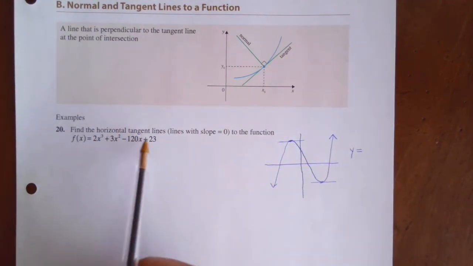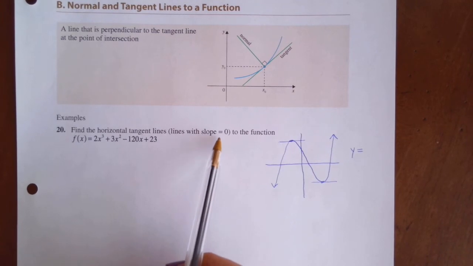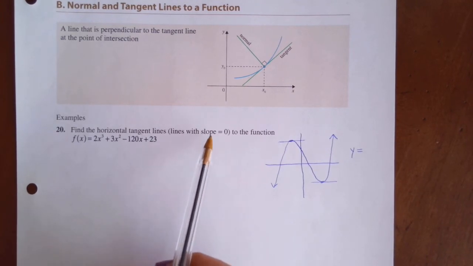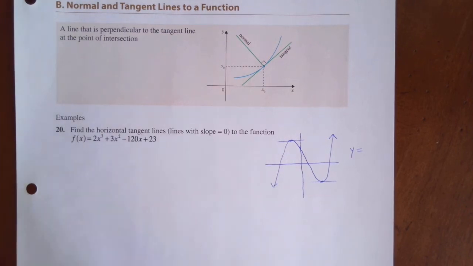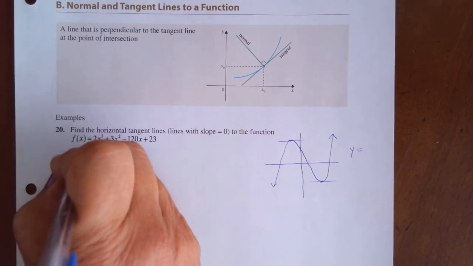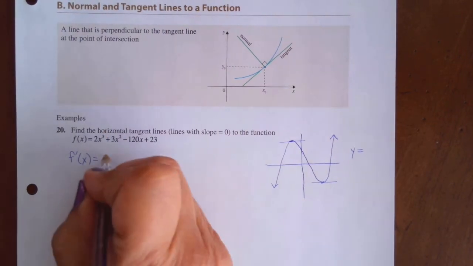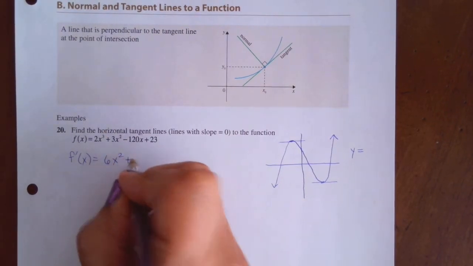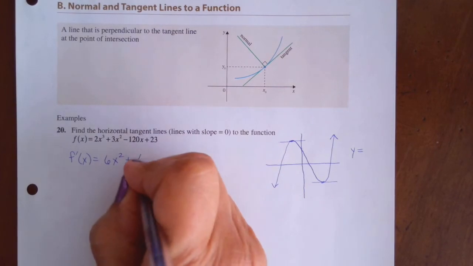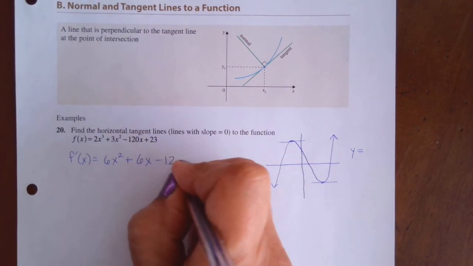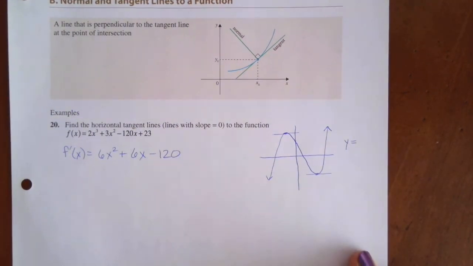To find the horizontal line, if the slope is 0, that means I can set the derivative equal to 0. That's what that says. So if I find the derivative of this function, using your rules, 3 times 2, 6x squared, plus 2 times 3, 6x, and then the linear term. There's your derivative.